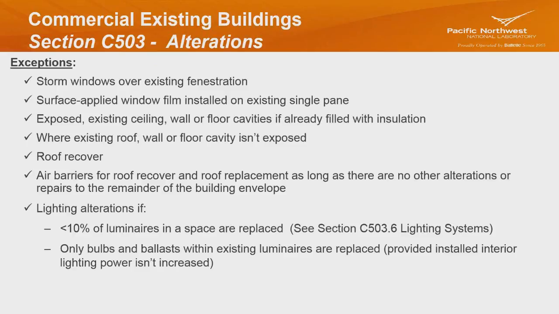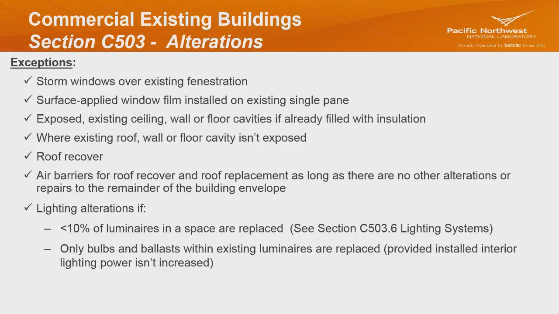What are the exceptions for commercial buildings for alterations? These exceptions are listed and you can choose them in COMcheck. Similarly to the residential exceptions that I showed you, there's storm windows over existing fenestration, that surface applied window film that I talked about, and exposing the cavity of the building thermal envelope.